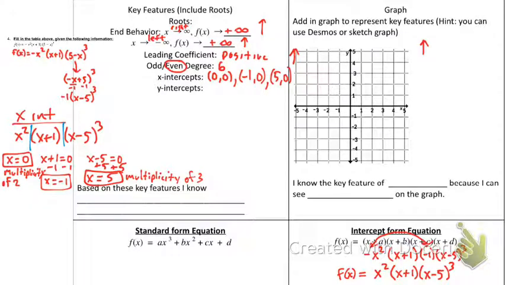Okay, I'm going to plot those. 0, 0, negative 1, 0, and 5, 0. Okay, so now we have that. All right, so we'll come back to this, but we have two more things to do. We're going to graph eventually, but now we've got to turn this into standard form.